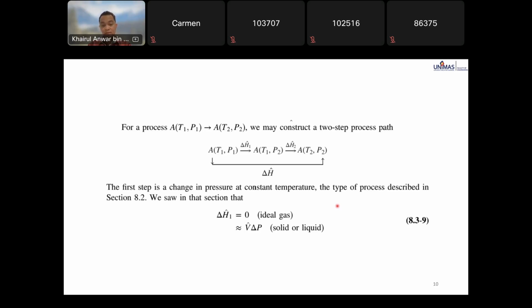For solid or liquid, delta H1 equals V delta P. So delta H1 is referred to here. Changes in temperature, changes in pressure, constant in temperature.